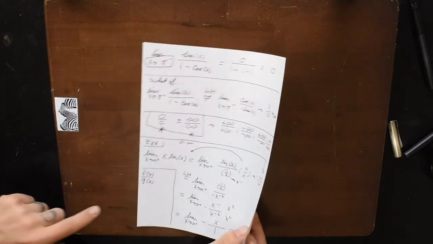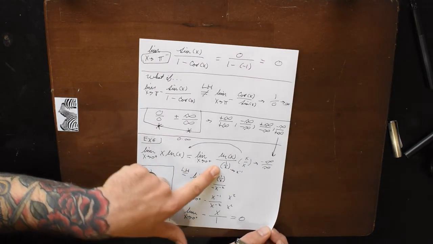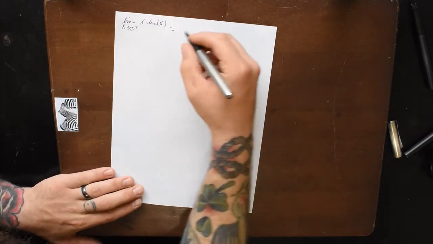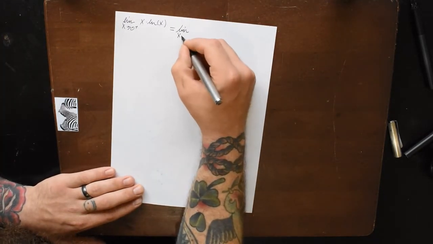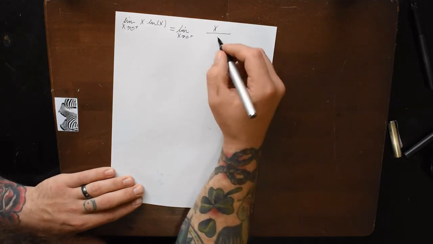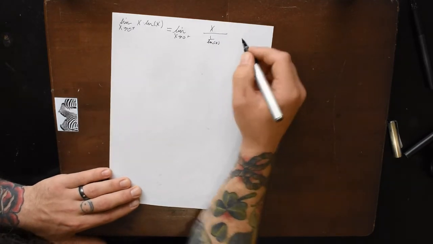Same problem as we had right here, but before, I put the x on the bottom. Well, we could have done the same trick with the natural log of x. It's equally valid to say that this is equal to the limit as x goes to 0 from the right of x divided by 1 over the natural log of x.